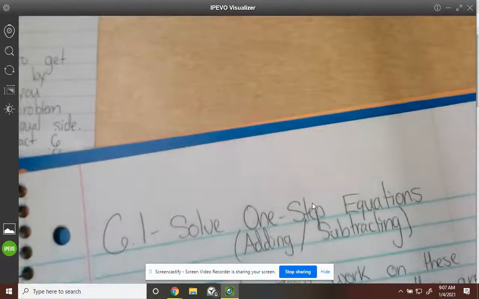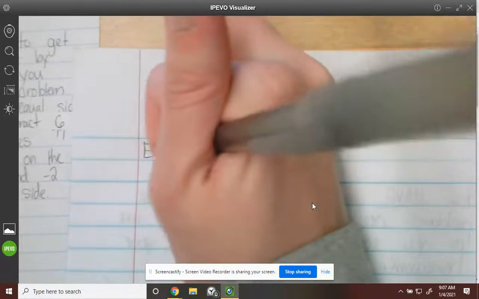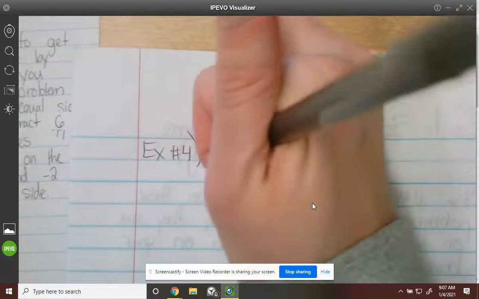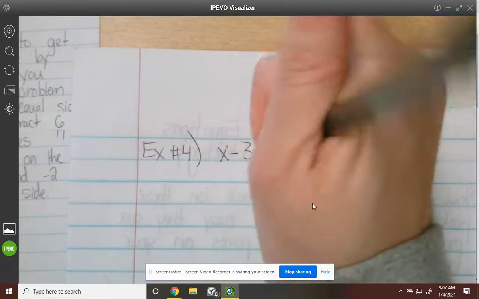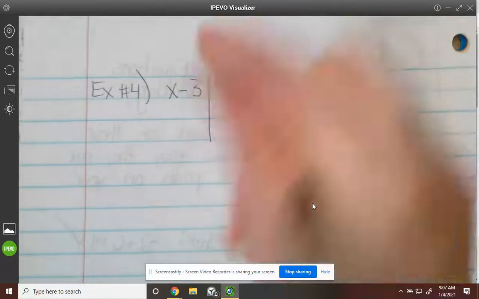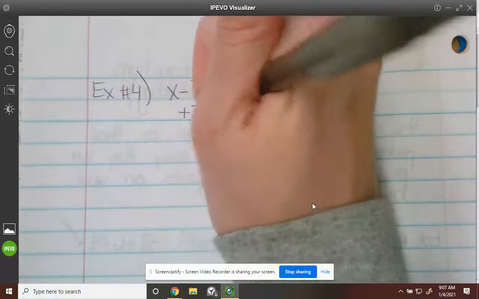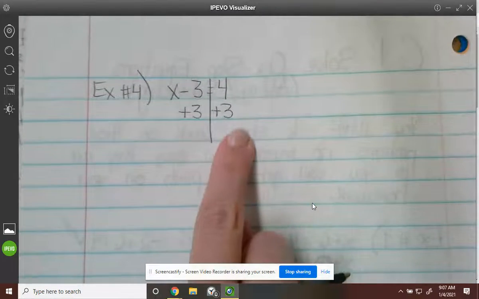Okay, I'm going to have to go to the next page because I write so big. x minus 3 equals 4. Draw your line. How do I get rid of a negative 3? I have to add 3. What you do on one side of the line, you have to do on the other side of the line.